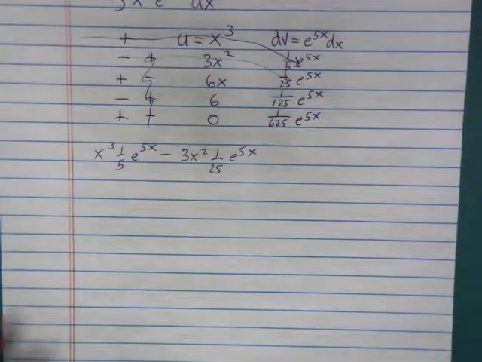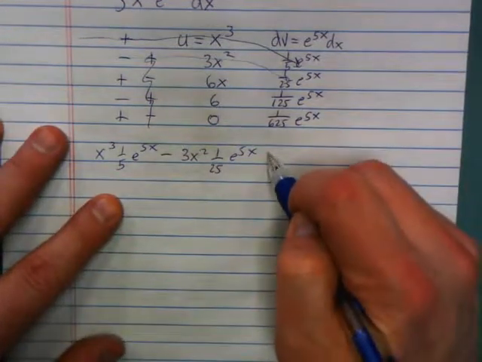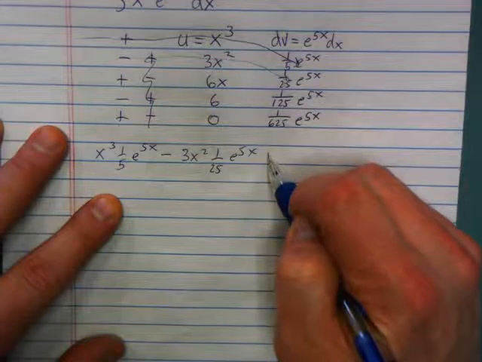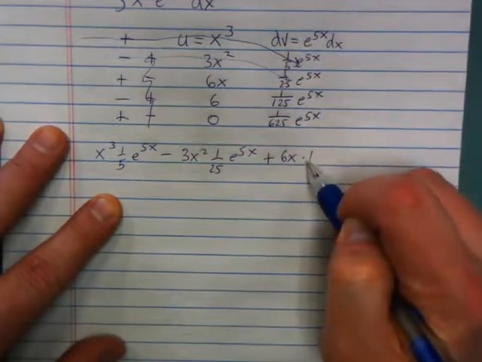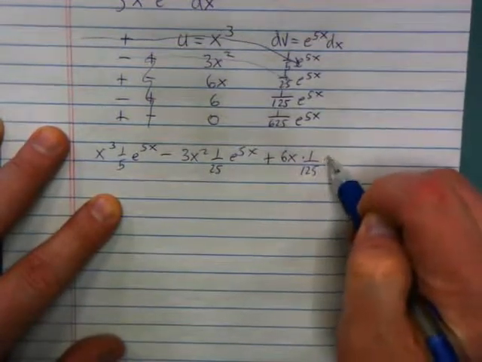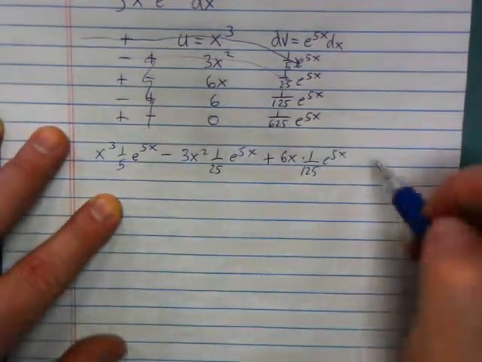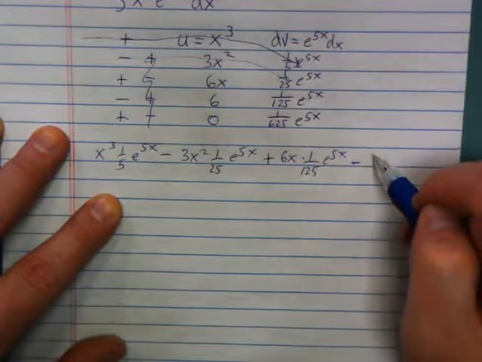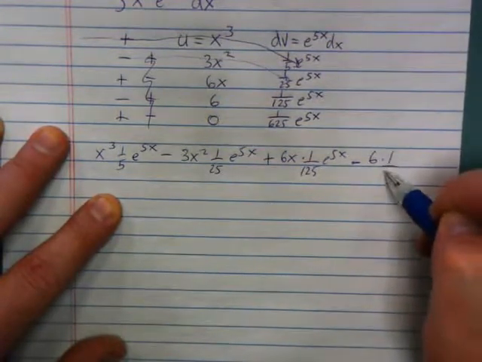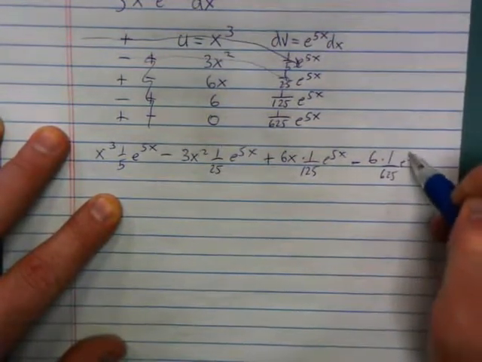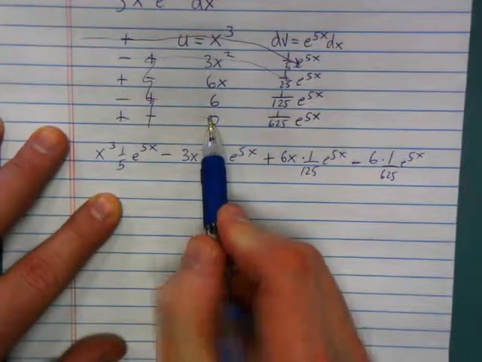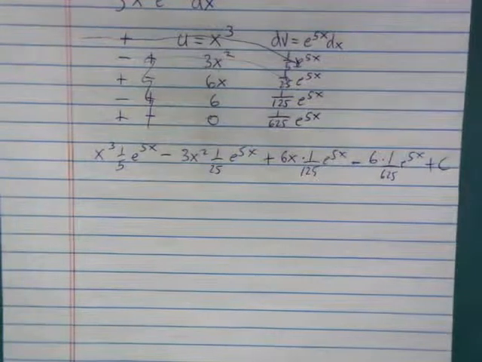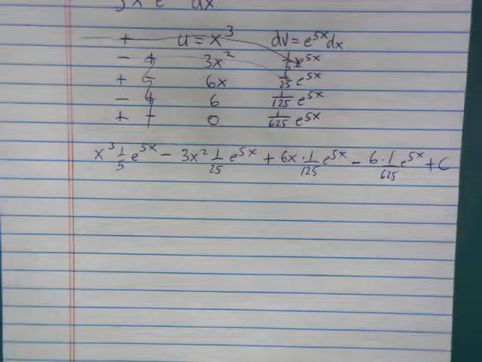The next one is plus 6x times 1 over 125 e to the 5x, minus 6 times 1 over 625 e to the 5x. And then you stop because the next one would have a 0 in it. So, plus c.